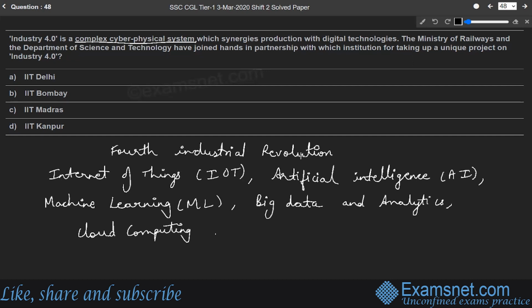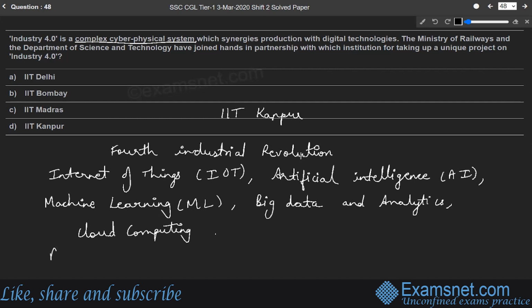Also, the Ministry of Railways and the Department of Science and Technology have joined hands in partnership with the institution IIT Kanpur for taking up a project. So what was the project?